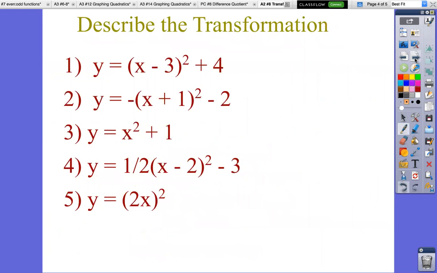All right. So the last two things we are doing today, we are describing the transformation. So take a second and do these. Don't do the last one yet, but I want you to do 1 through 4. So take about 2 minutes and do 1 through 4. And if you think you've got those, if those are pretty easy, then do number 5. Number 5 is kind of a trick question.